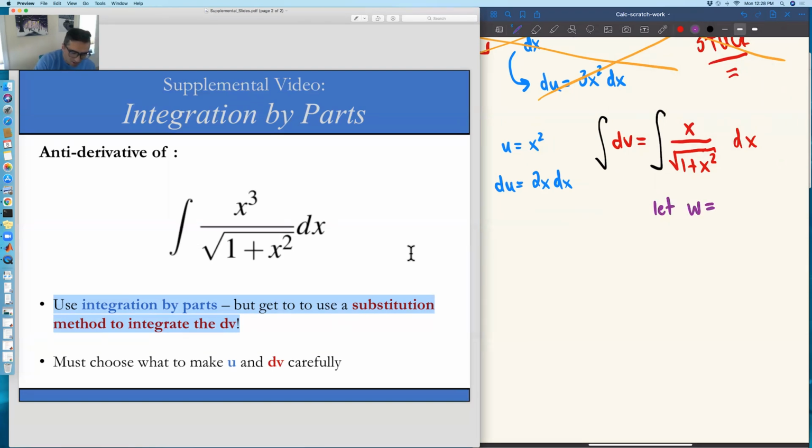So we could let w be 1 plus x squared, which means that dw/dx is equal to 2x. If we solve for dx in terms of dw, we would find that dx is equal to dw over 2x. So let's see what happens if we put that into that integral.